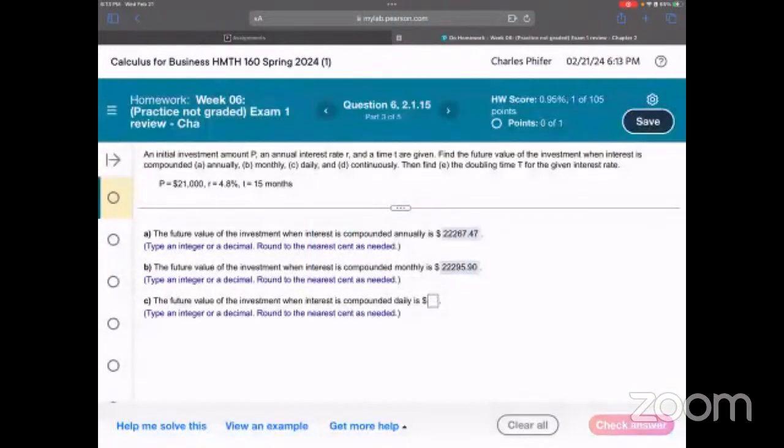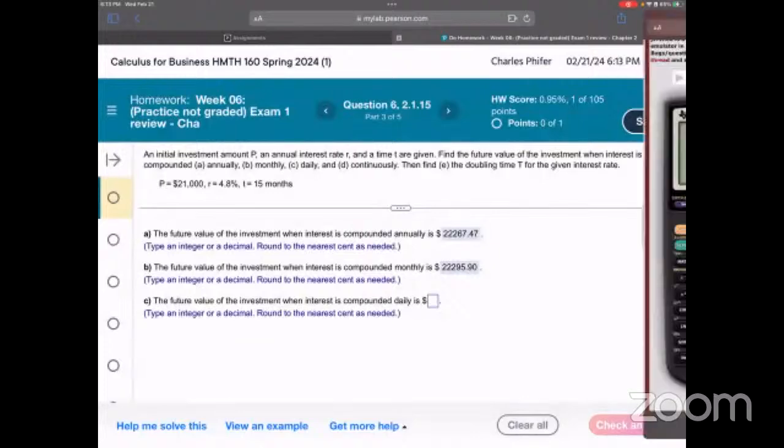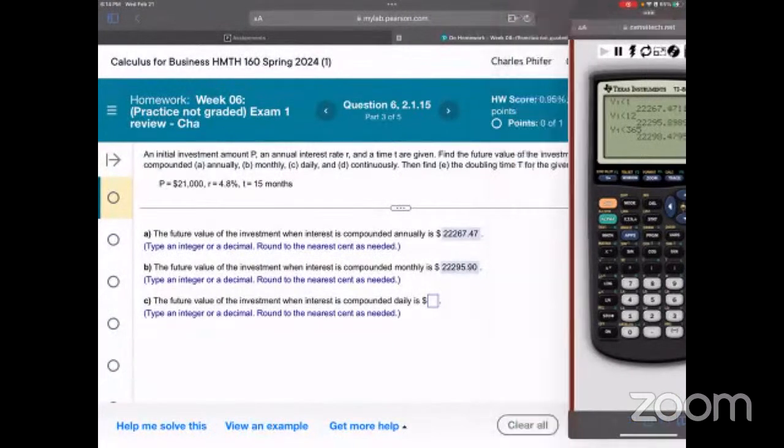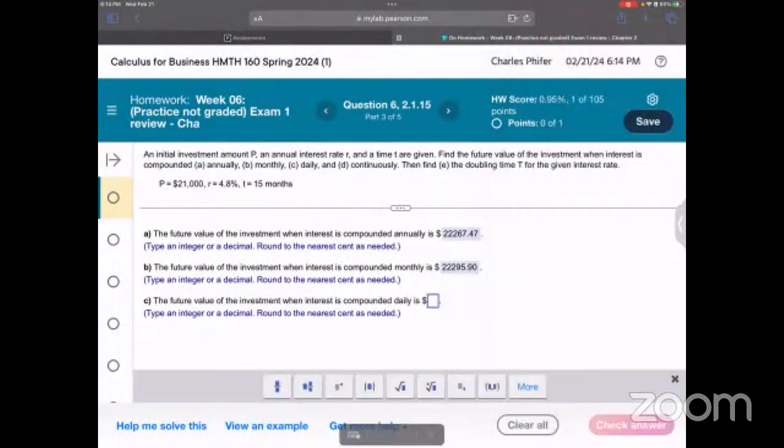Daily would be 365. So instead of N being 12, now we let N be 365. That gives 22,298.48.